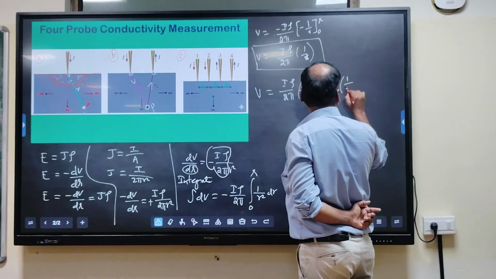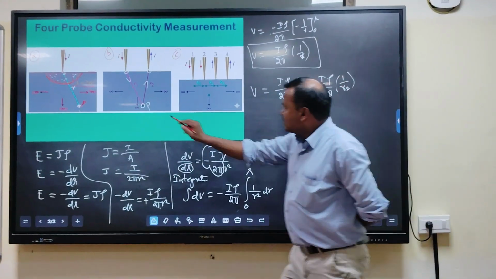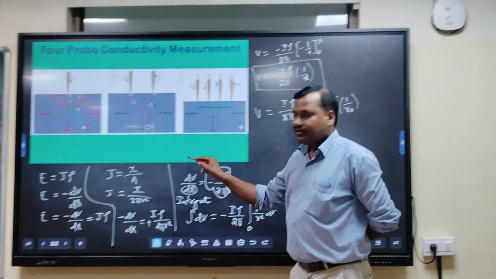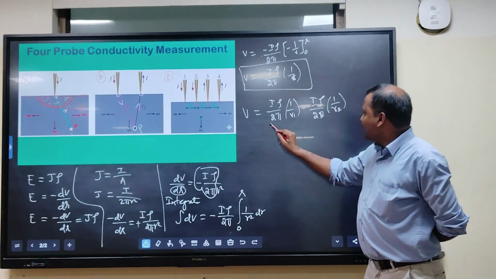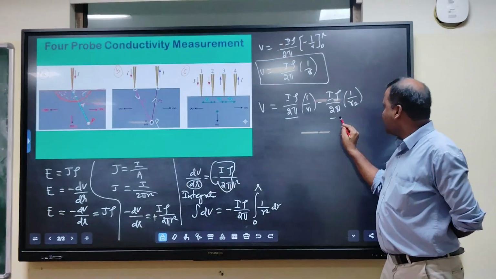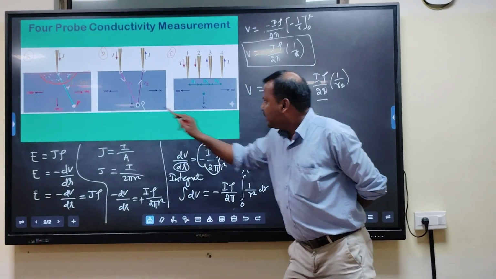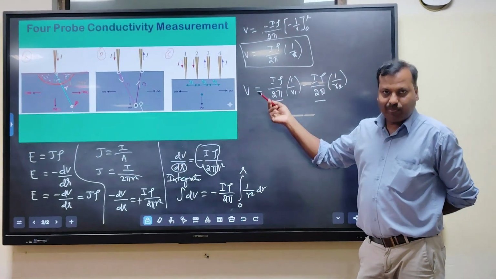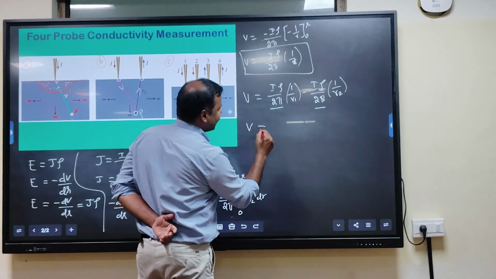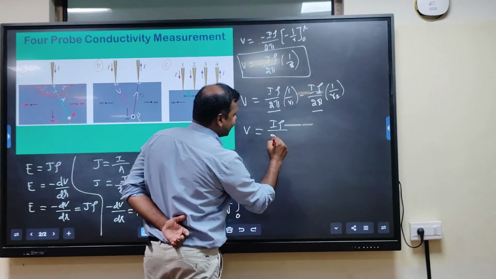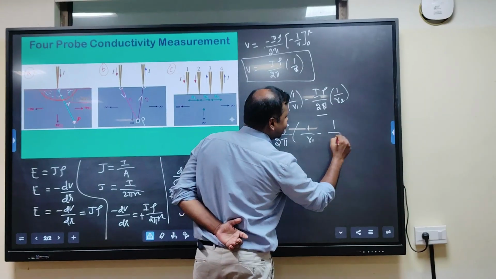In the first probe, the current is approaching the point P, and in the second probe, the current is leaving the point P. The positive sign on the first and the negative sign on the second imply that. Therefore, we can write it as I times rho divided by 2 pi into (1 by R1 minus 1 by R2).